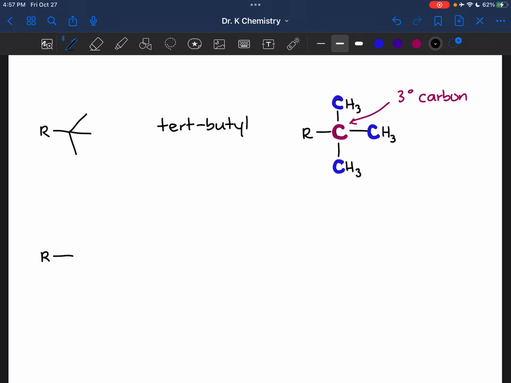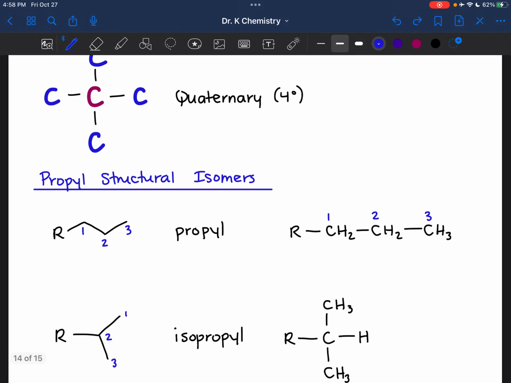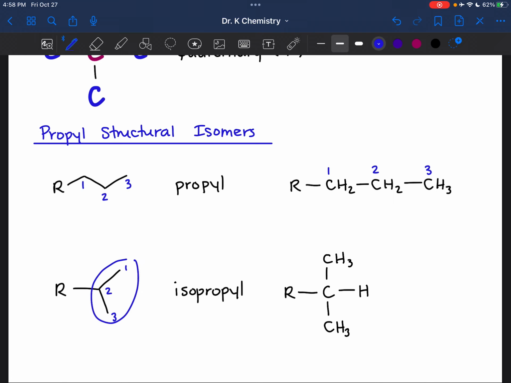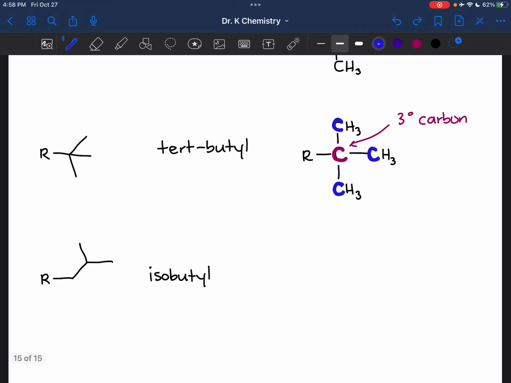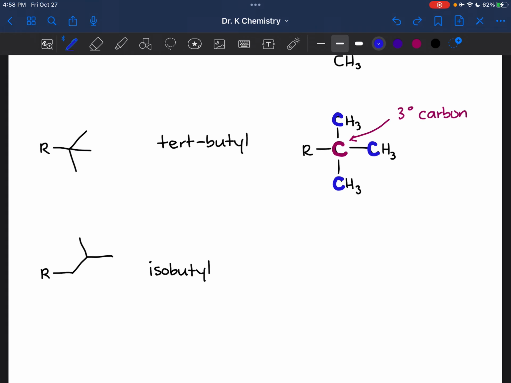Okay. And the last one we will see is isobutyl. Now that prefix, unfortunately, is not super helpful. Iso is really telling us that all the carbons in the chain, except for 1, are connected in a straight chain format. That's maybe not super informative or helpful, but you can kind of see it kind of looks like isopropyl, right? Except there's 1 additional carbon right here.